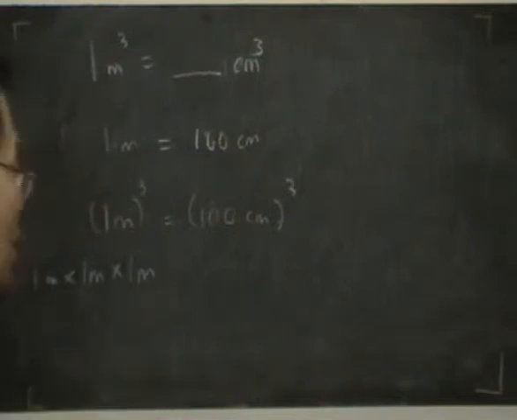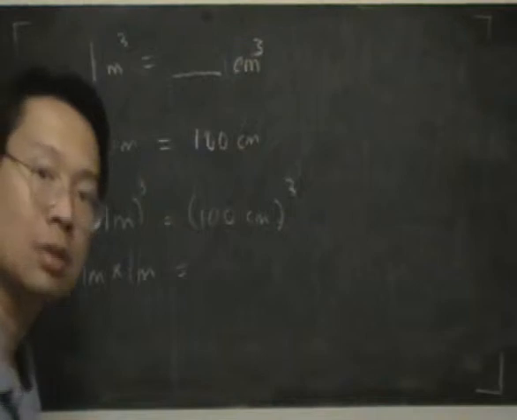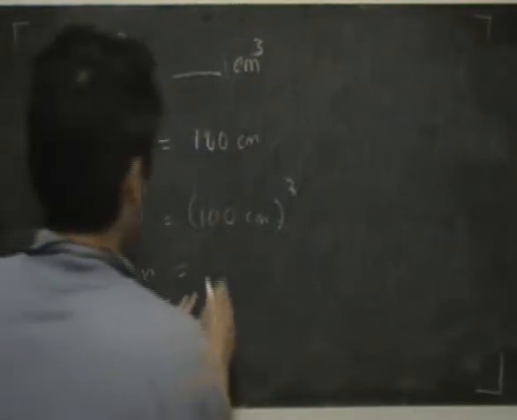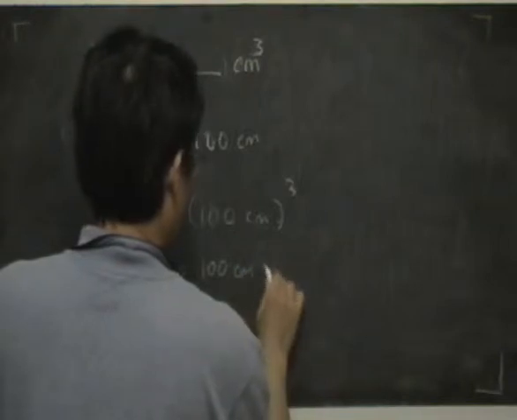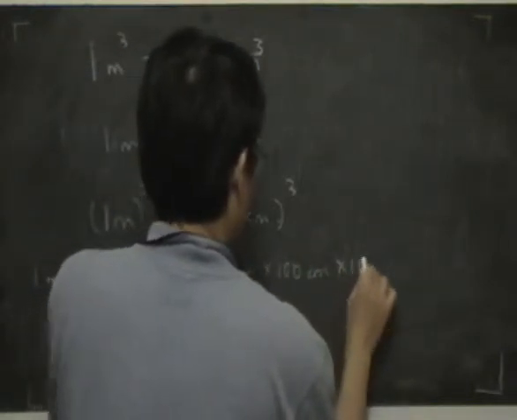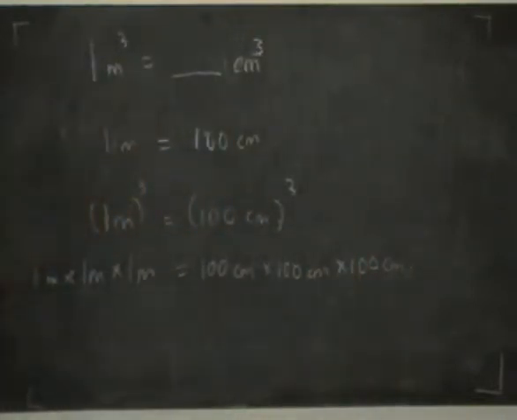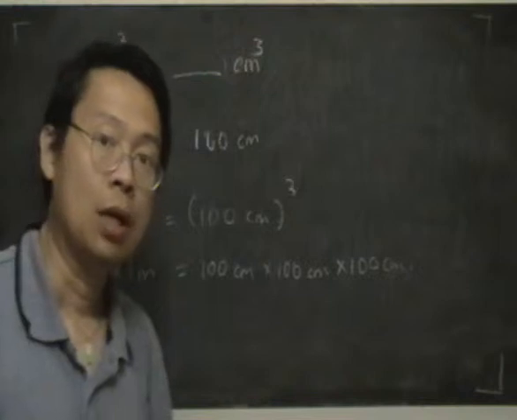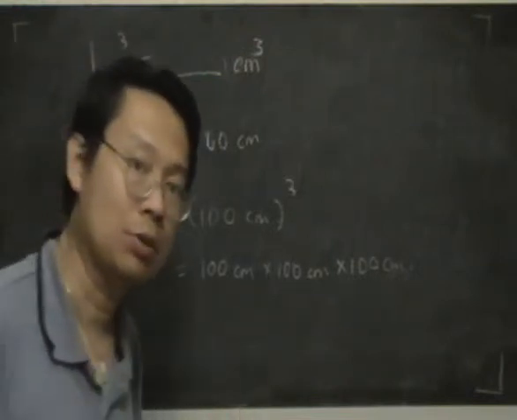So that's what we're after. On the right side, in the same way, we have 100 centimeter times 100 centimeter times 100 centimeter. That's the right hand side, and we have to calculate that.